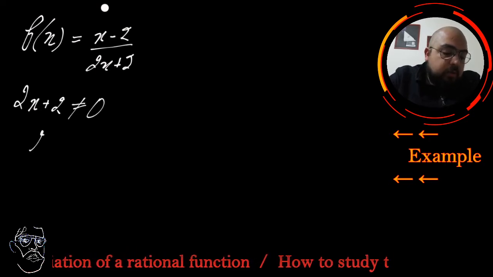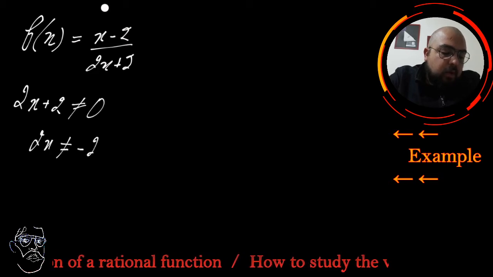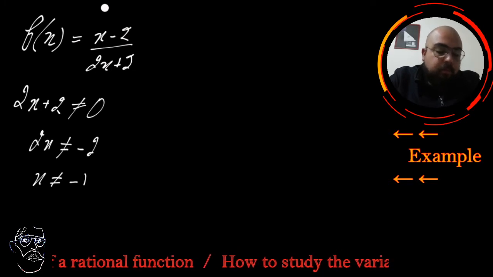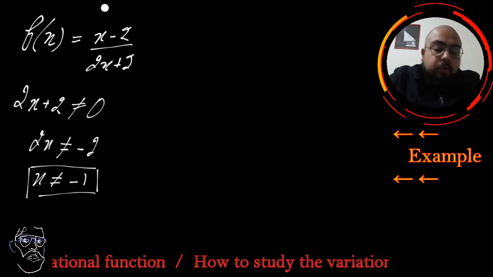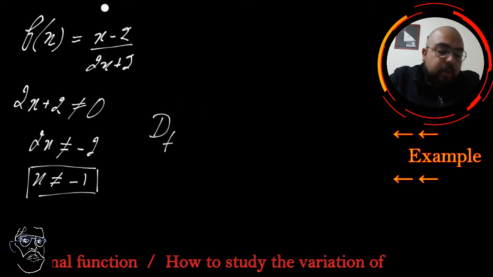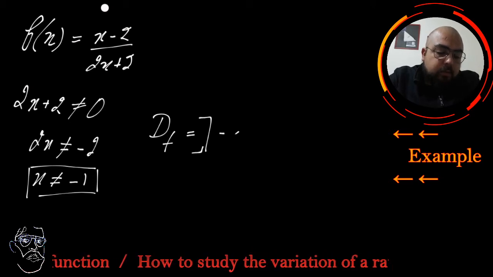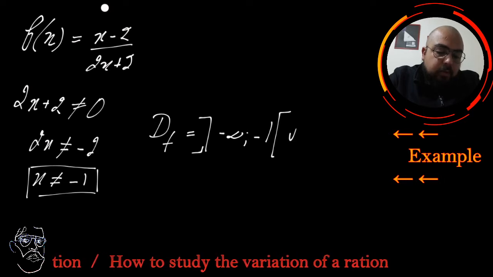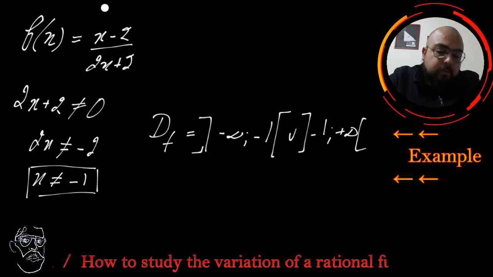So 2x different than minus 2, x different than minus 1. Automatically you will have a domain of definition which could be written as Df is from minus infinity until minus 1 union from minus 1 to plus infinity.